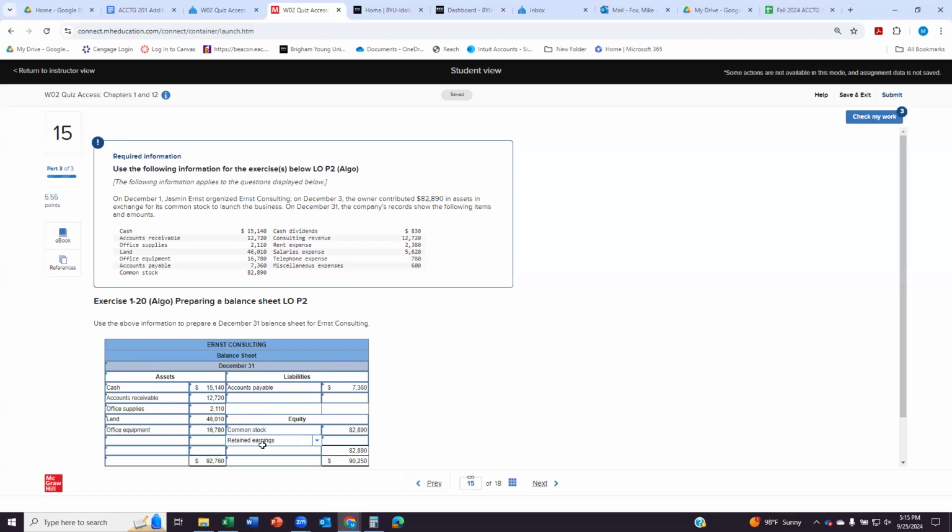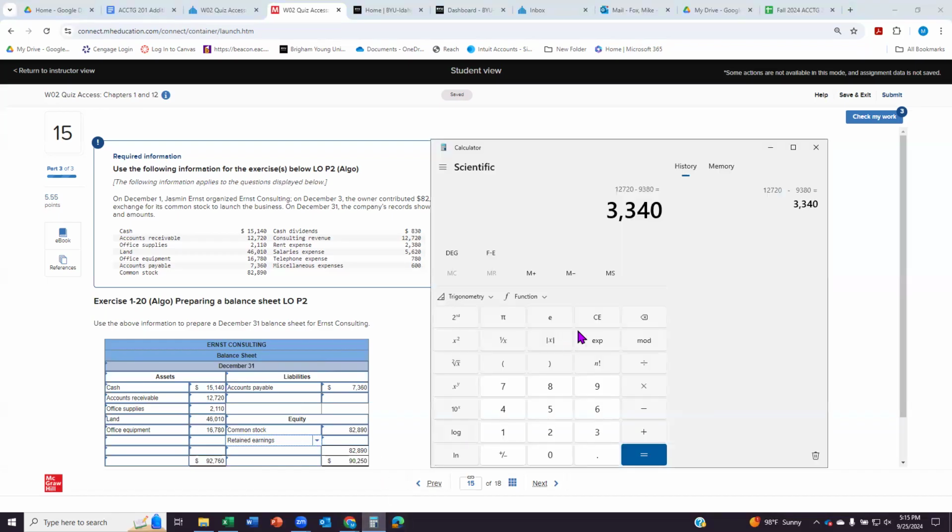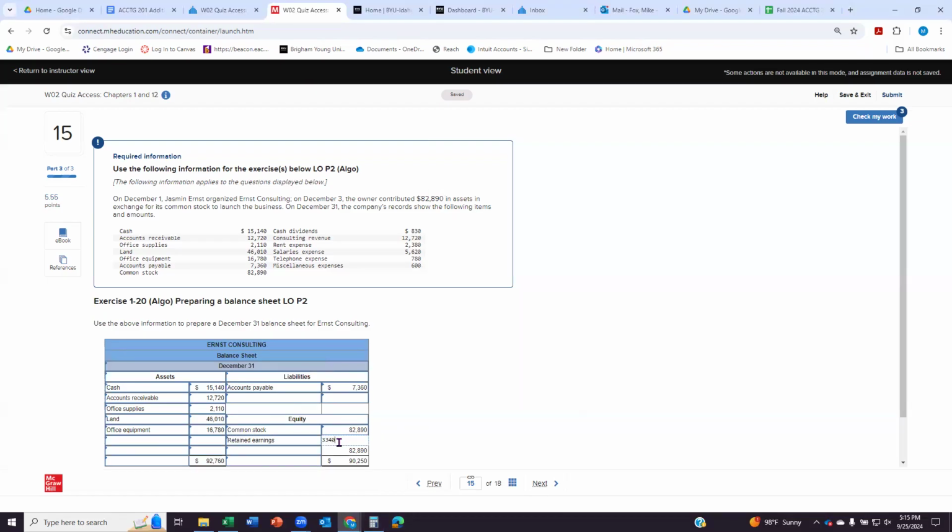So the amount of the net income of the business that we didn't pay back out to the owners. And again, I don't remember it, but I can look back on my calculator from the last problem, and it was 3340. Our common stock plus our retained earnings will equal our total equity.